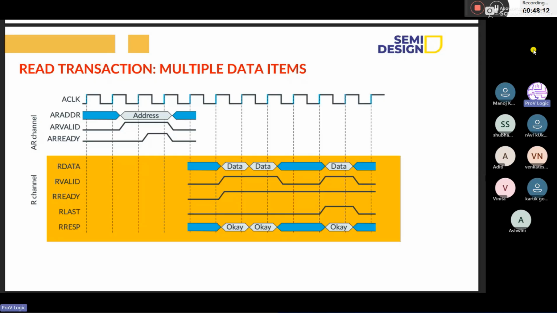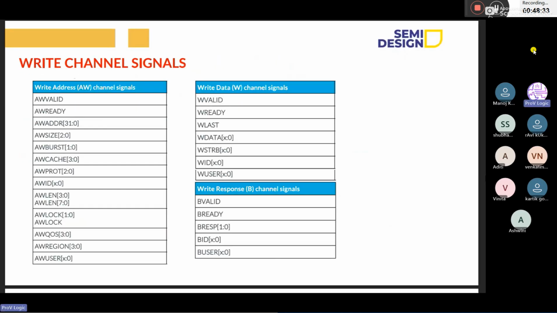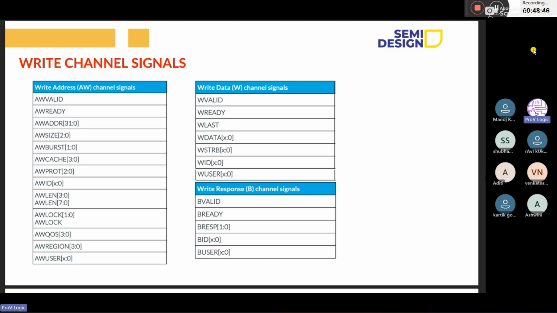Okay, but how will we identify those transactions? By using each transaction's ID. As I already told, each transaction is tagged with an ID signal, AWID or ARID, so that the responses can be matched correctly based on the write side ID and the read side ID.